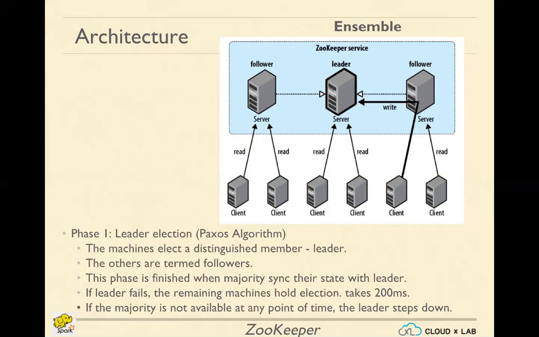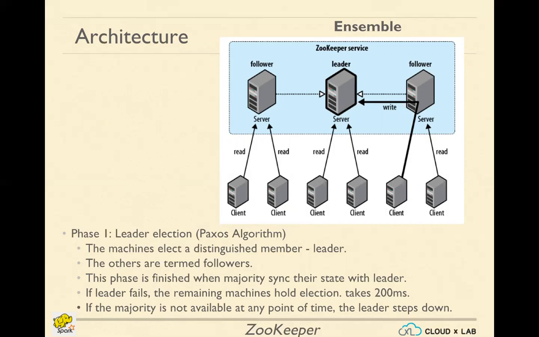A machine gets a higher vote if the machine has the highest version of the data, the most recent version of the data, because all the Z nodes would have a copy of the same data.